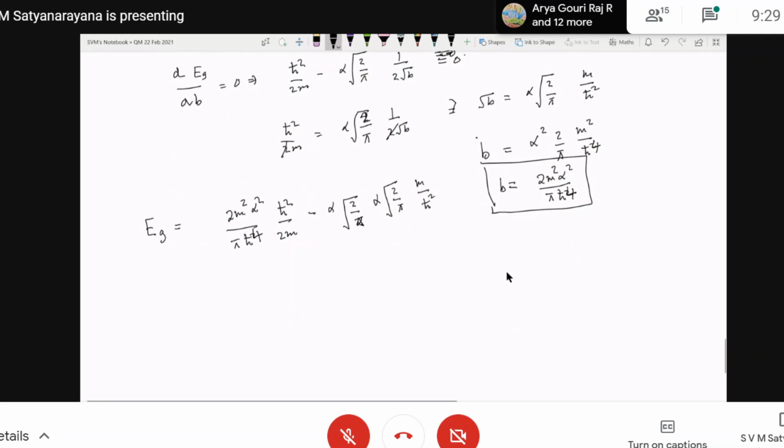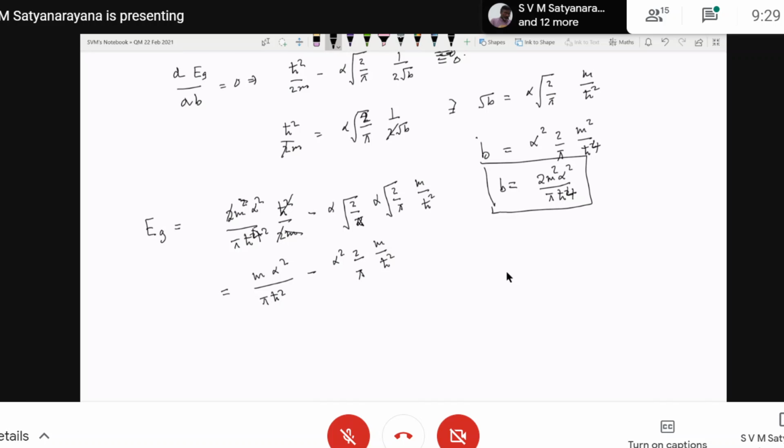Okay, so now you see that the 2 will cancel, and h bar square will cancel with this h bar square, and one m will cancel this m. So that is equal to m alpha square divided by pi h bar square minus... So I have alpha square and 2 by pi into m by h bar square.